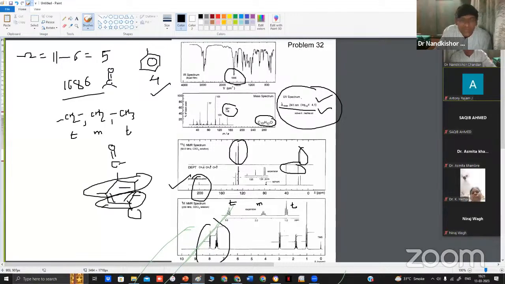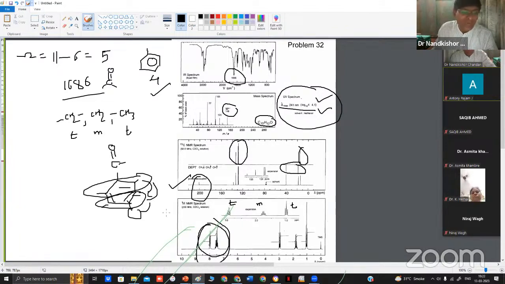That's why you will get 3 peaks, 1, 2, 3, and that confirms the mono-substituted aromatic ring. Obviously there is a bunch of peaks in the proton NMR, which can be easily sorted out by expansion, but it is not possible over here. This will give a doublet, and the middle one will give a doublet with this and a doublet with this, so that double doublet and complex splitting pattern is there.